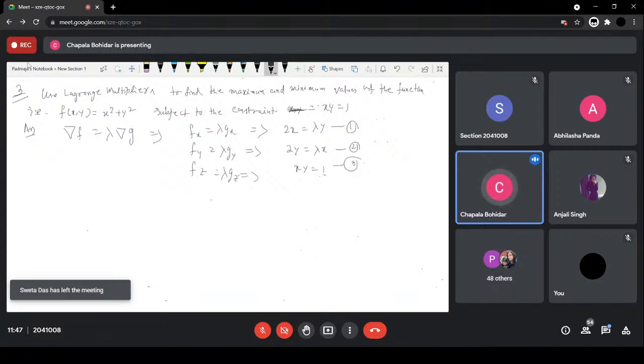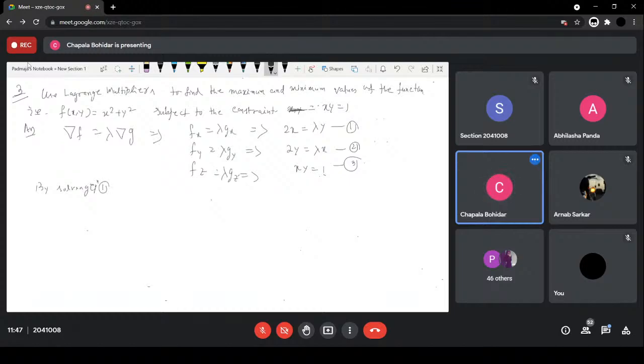Can anybody solve what is the value of lambda and what is the value of x and y? Lambda is 2. Yes, by solving equations 1 and 2, 2 into x plus y is lambda into x plus y, so lambda is equal to 2.